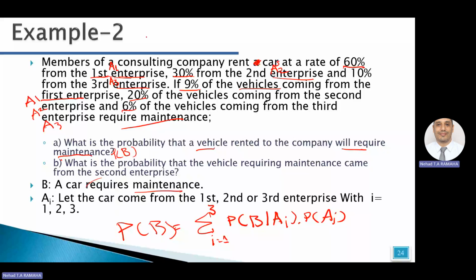What is the outcome from the second enterprise, multiplied by the probability of A2?